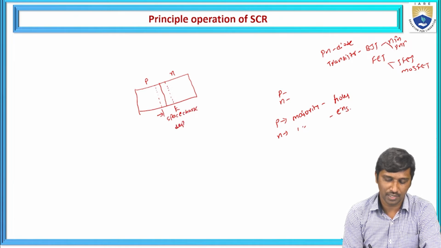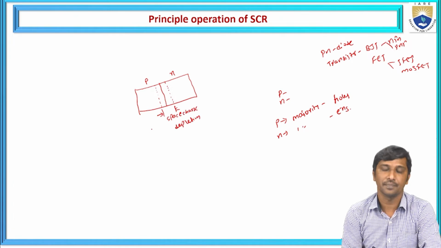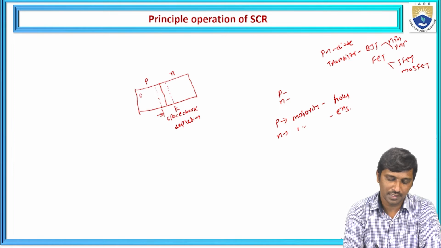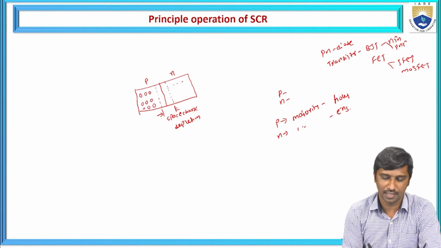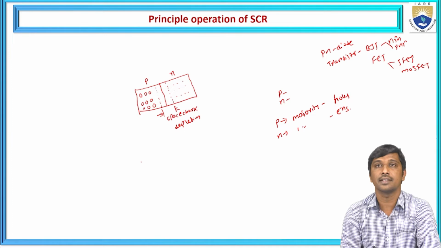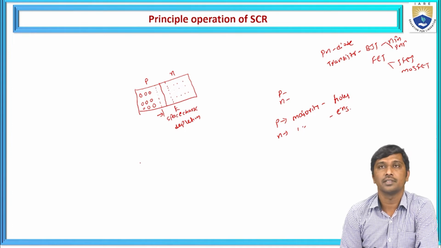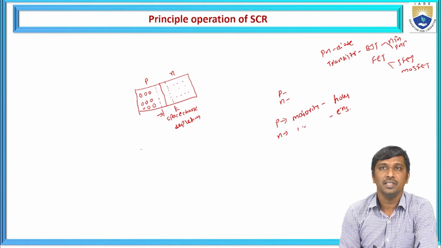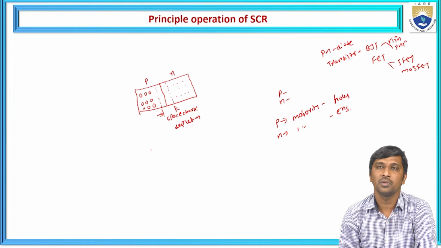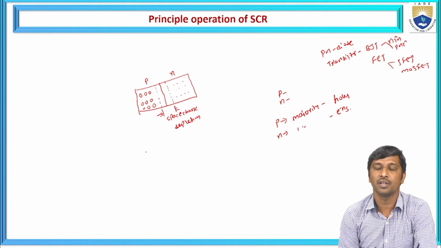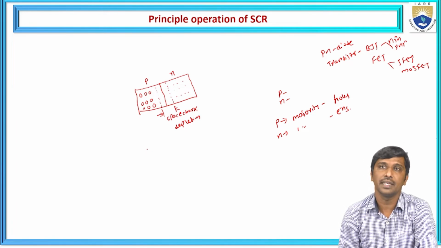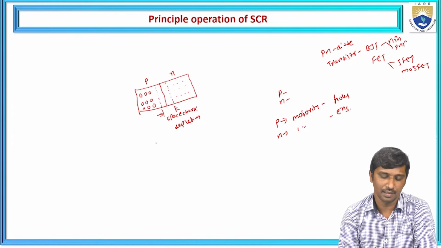By using this principle, we are going to construct the silicon controlled rectifier, which is also a formation of P-type and N-type material.